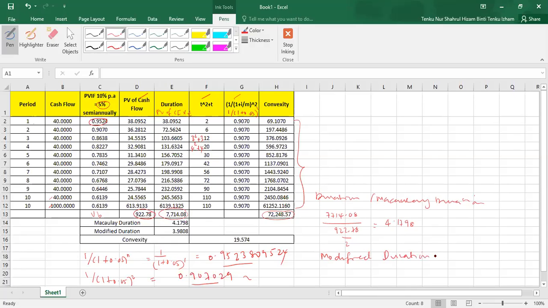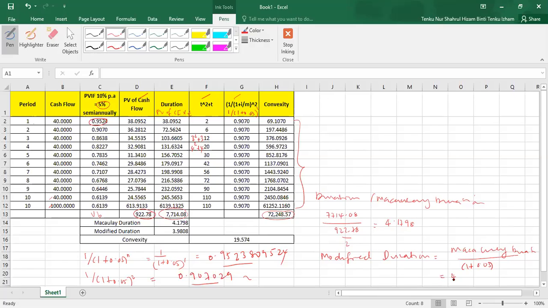The second calculation you want to know is the modified duration. How do you calculate the modified duration? The Macaulay duration divided by 1 plus 0.05.